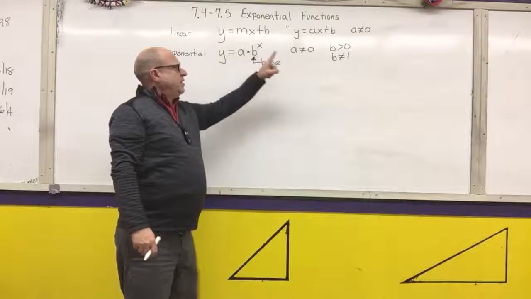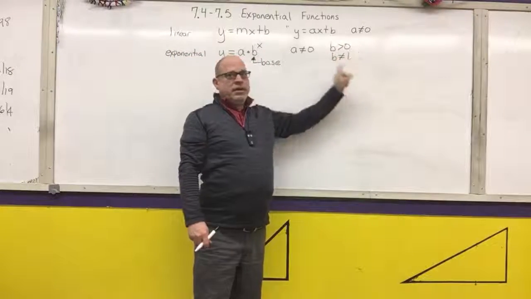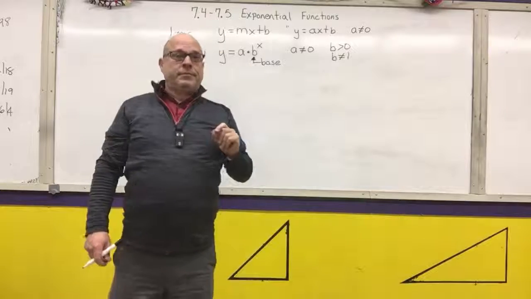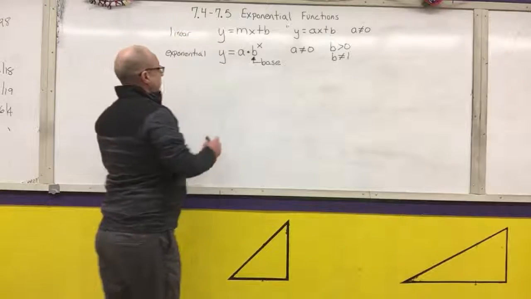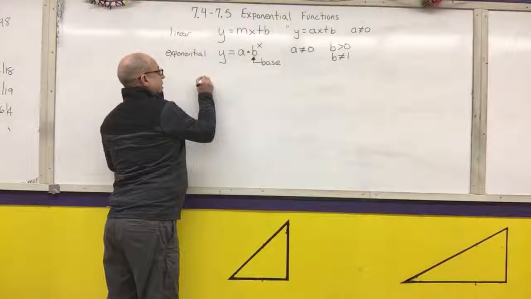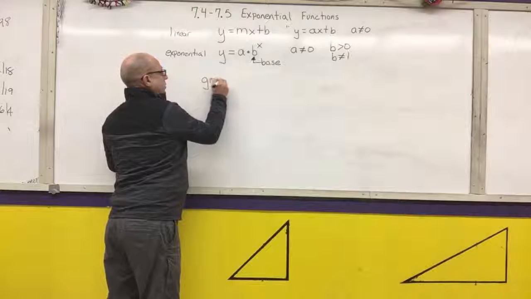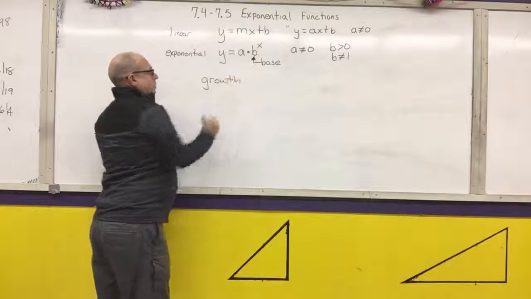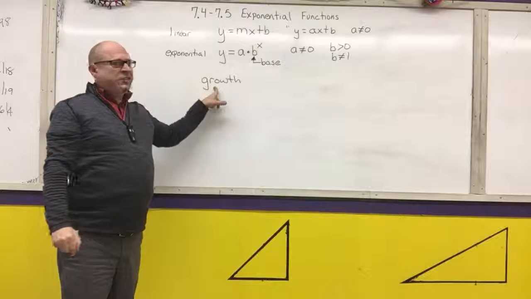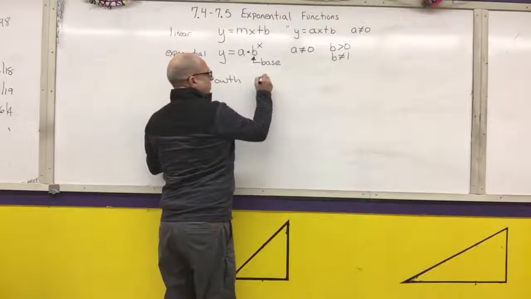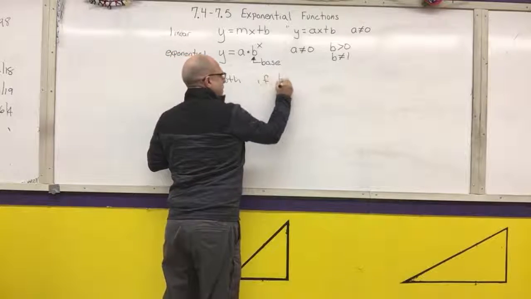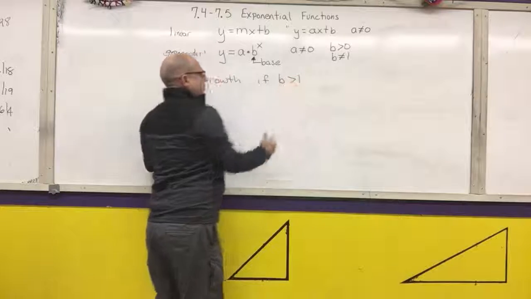So the base has to be bigger than 0 and not equal to 1. Some key things about this is it is a growth function. It's called an exponential growth function if b is greater than 1.